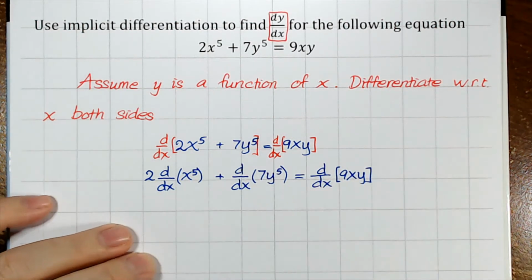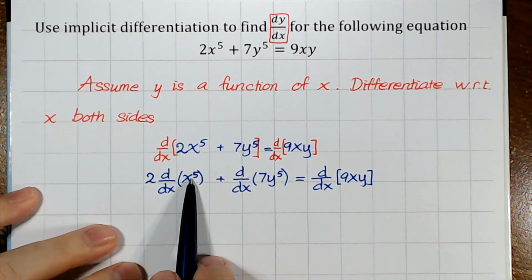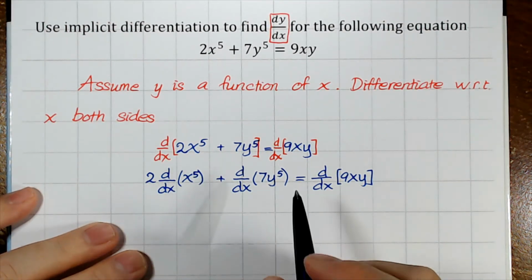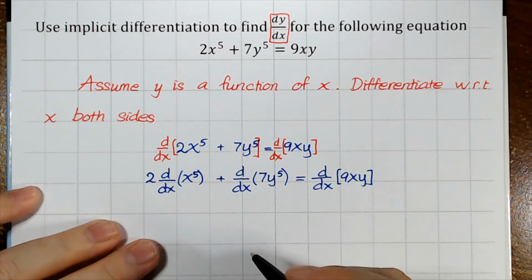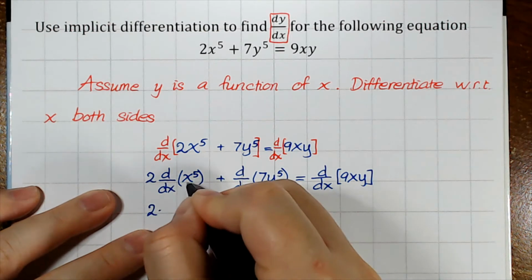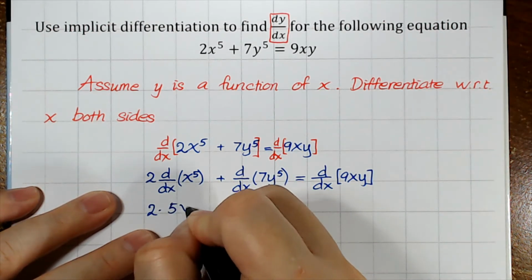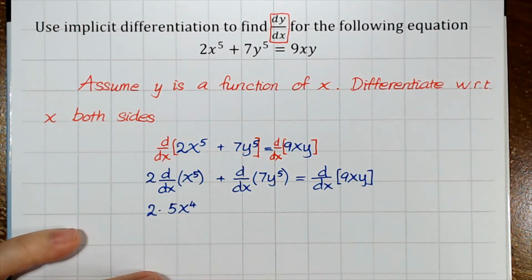It's fine. Now, derivative of x to the fifth, this is easy. That's 5x to the fourth power. So we have 2 times 5x to the fourth power.